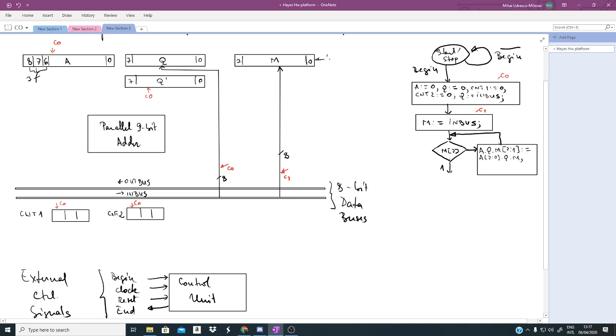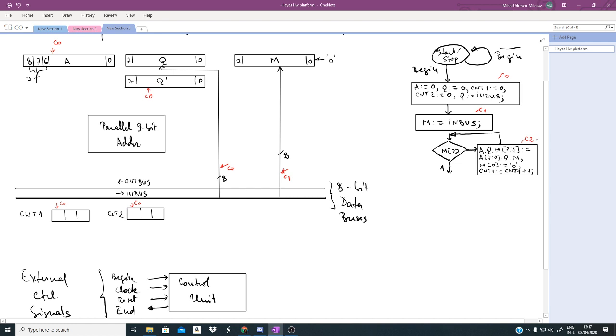When we shift, we will take a 0 over here, so M of 0 will be 0. At the same time, we increment counter 1.